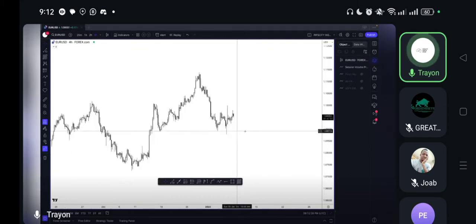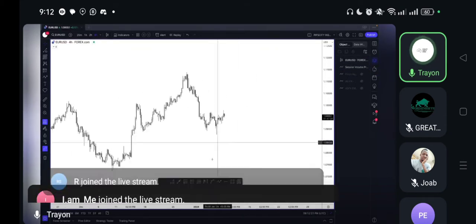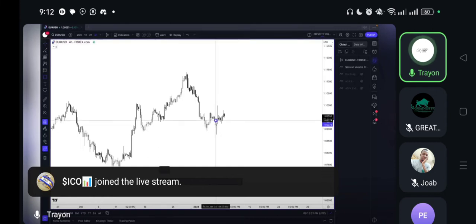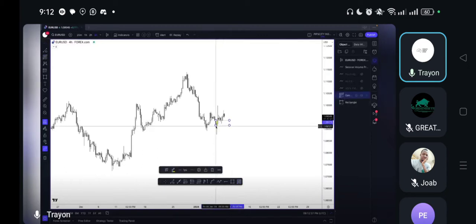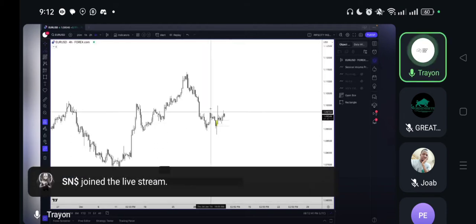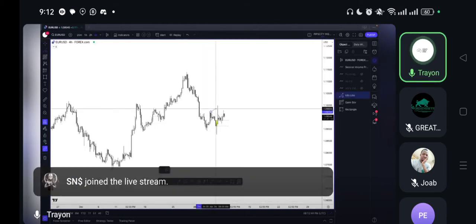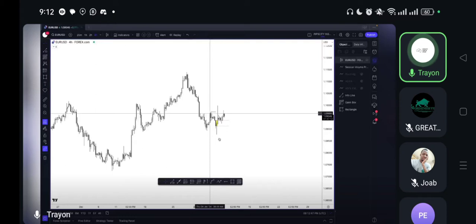If we were to buy, where would we buy from? So we already see that this demand is being respected. That's the first thing I'm saying. Yet we haven't really gotten any confirmation because everything here is acting as what? Liquidity, external range liquidity.